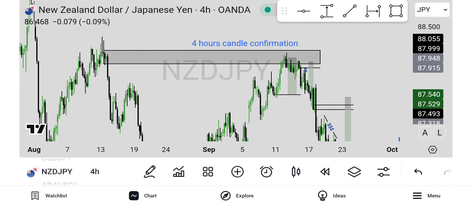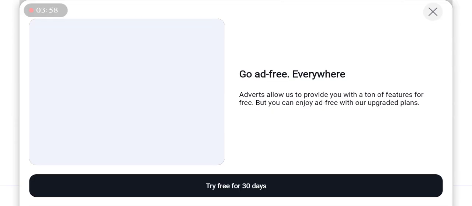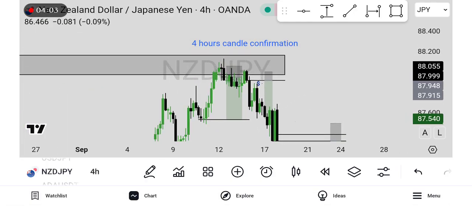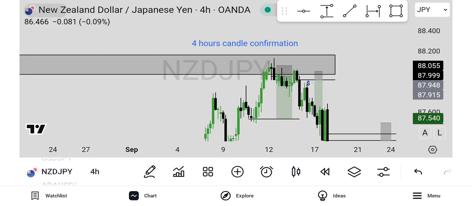And if you can see what I wrote here, 4-hour candle confirmation. When you are using 4-hour candle confirmation, you wait for a 4-hour candle to appear on your point of interest, because your supply blocks, order blocks, and breaker blocks are all your points of interest.